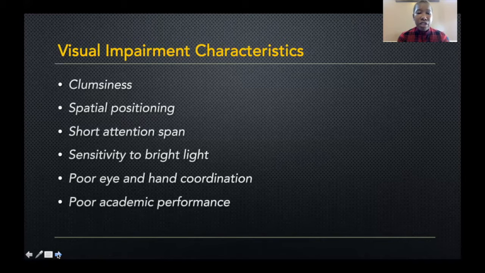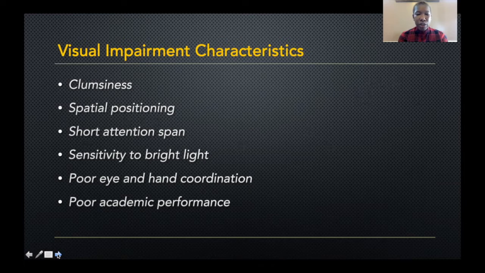So you might instruct a child to take a chair from the back of the room and put it next to a chair at the front of the room on one particular side, and you might find that he or she has not followed that direction to the T, and the chair might not be adjacent, it might be behind. Whatever the case may be, the spatial positioning may be off.